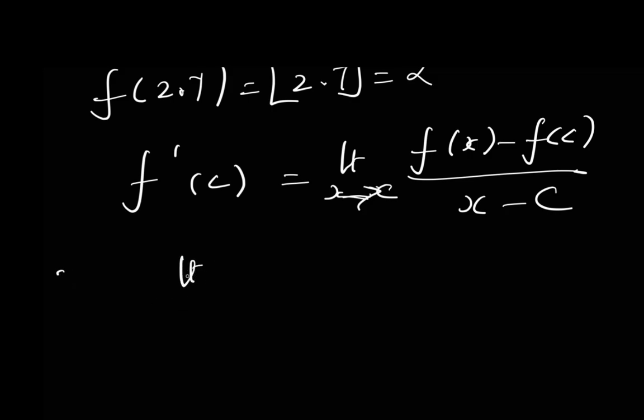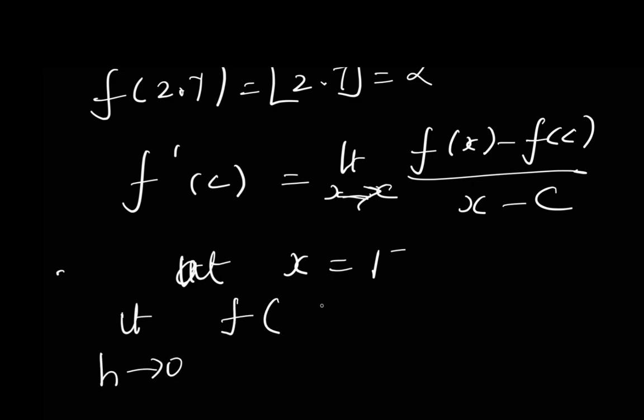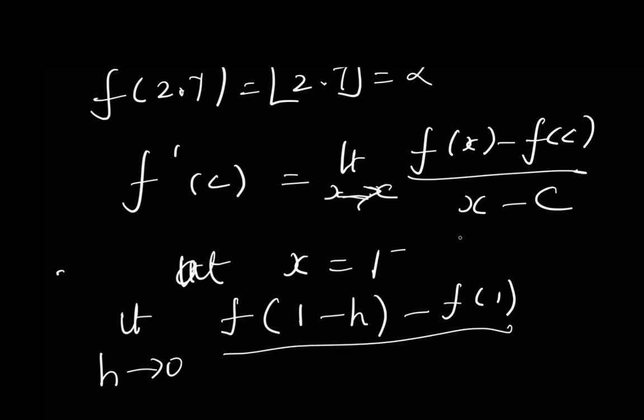So f at x equal to 1 minus, so the left side of this. So limit h tends to 0. We take the neighborhood of this function. So the left side is 1 minus h, minus f of c, which is here f of 1, divided by x minus c. So x is 1 minus h, then c is here 1.